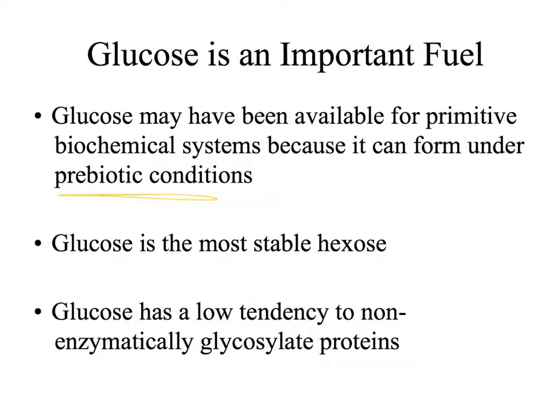We can form it under those same prebiotic conditions that allow us to form some of these simple biochemical substances, that whole primordial soup experiment. And glucose is also the most stable of the hexose sugars, and it has a low tendency to non-enzymatically glycosylate proteins. So these are kind of the reasons that glucose is the fuel, or believed to be the fuel, that we actually use rather than some other carbohydrates.